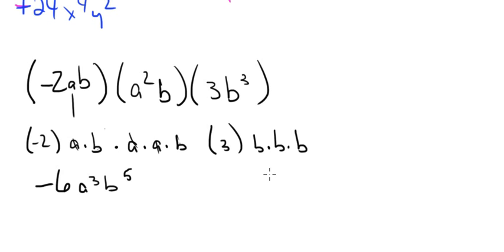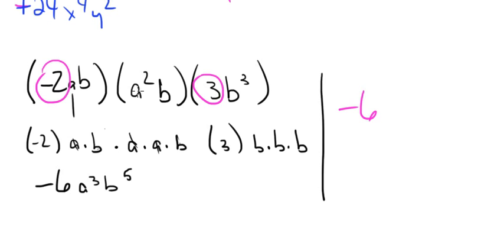Not so bad, right? Now, could I have done this a shorthand version? I could have, right? I could have taken my constants, my negative 2 and my 3. I have to multiply them because we have all these parentheses. It's all multiplication here. And I would have had negative 6. And then I can take my 2 a's, and that gives me 3 a's. So I put a to the third. And I count my b's. There's 1, there's 2, and there's 3, 4, 5.